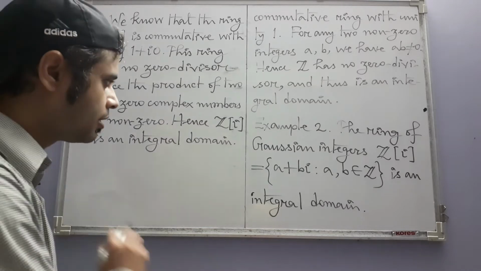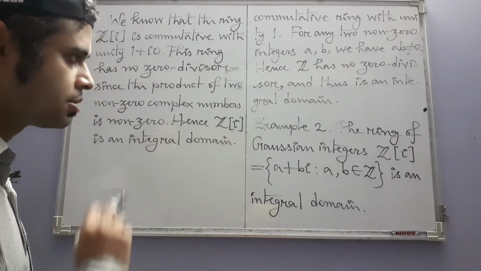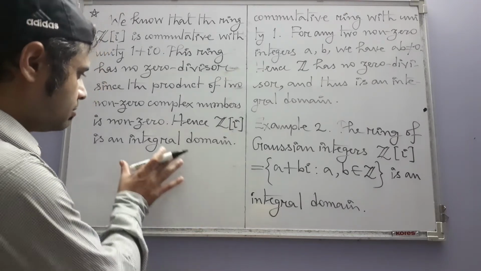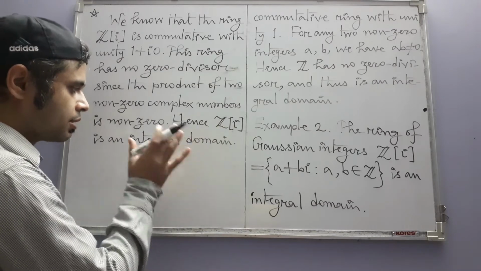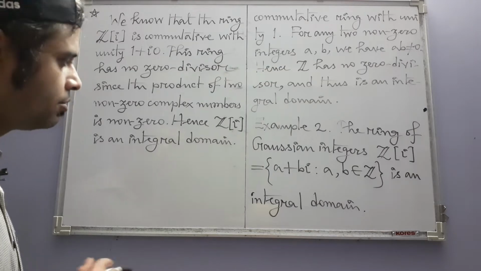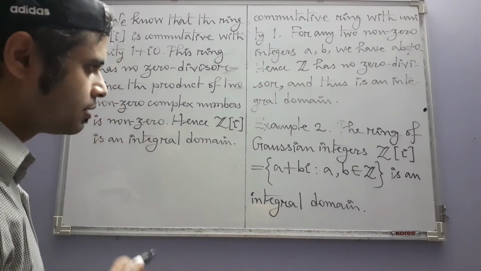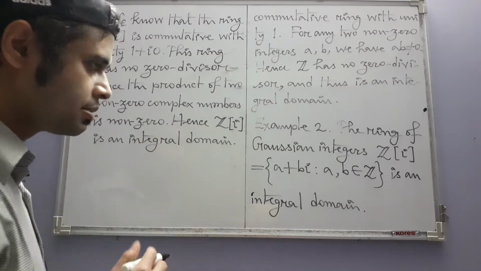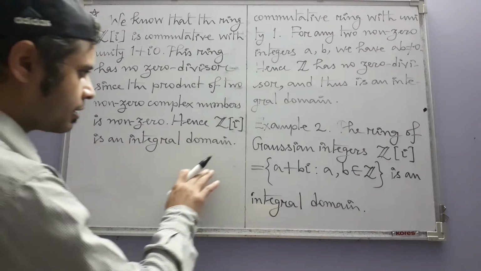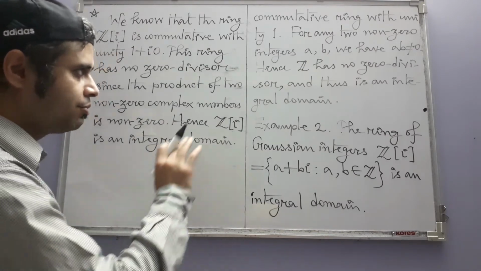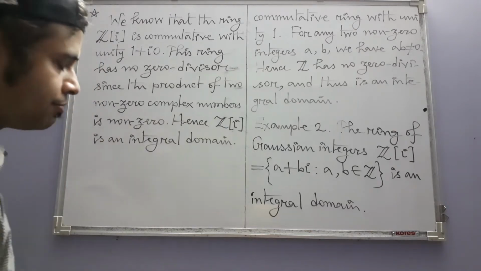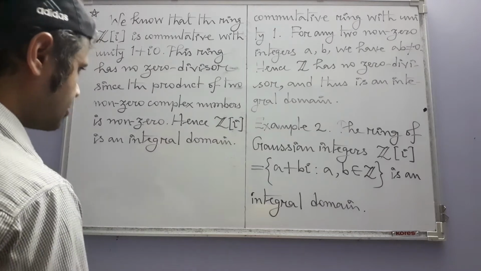For him, an integral domain is a commutative ring with no zero divisor. Unity may or may not be there. So there are some such things whose meaning is not the same everywhere. So if you come across a term like this, you have to be sure what it means in the text or wherever it is appearing. For us here in Gallian, integral domains always have unity, a unit element 1, which acts as the multiplicative identity. So this is the second one.